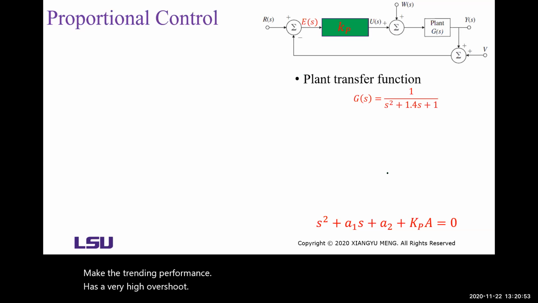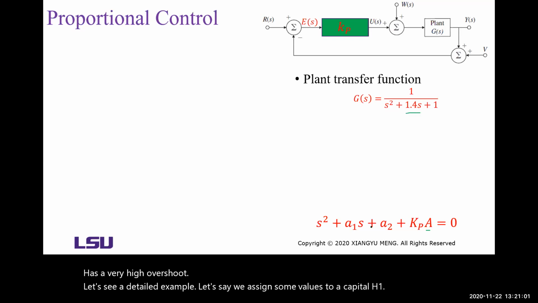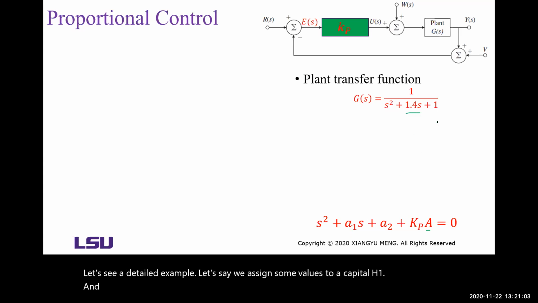Now let's see a detailed example. Let's say we assign some values. Capital A is 1, A1 is 1.4, and A2 is 1.